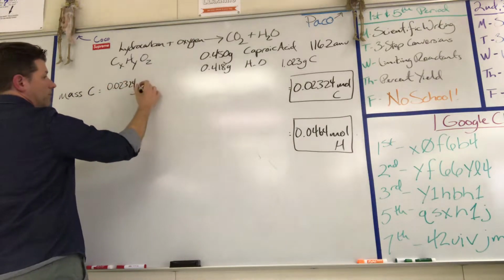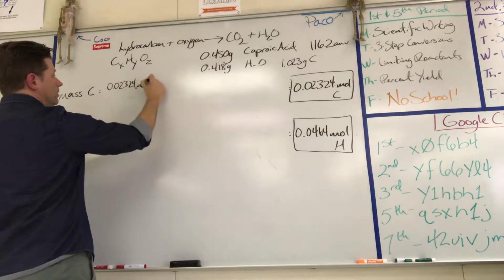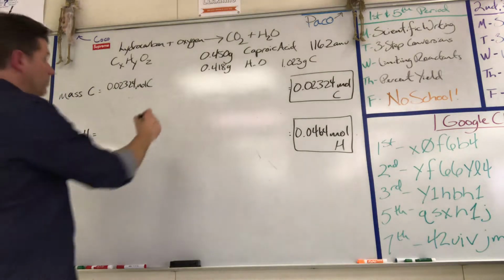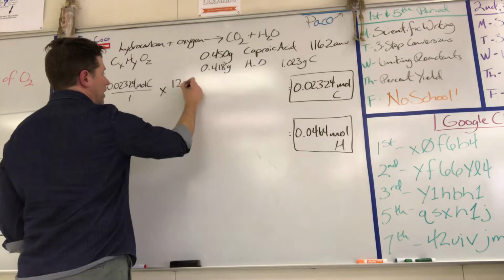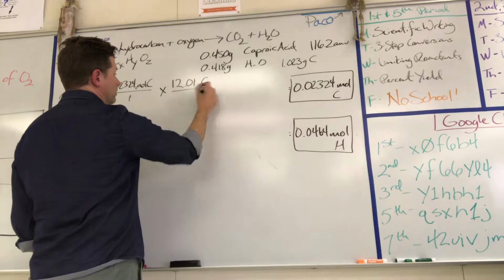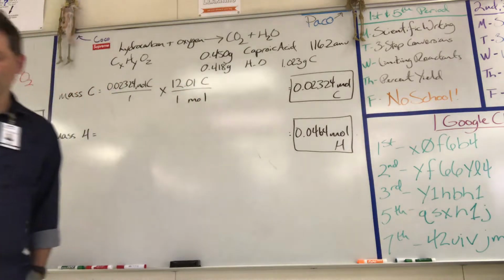So what I'm going to do is take that number, 0.02324 moles of carbon, and then I'm going to multiply it by the atomic mass of carbon per 1 mole. Okay?